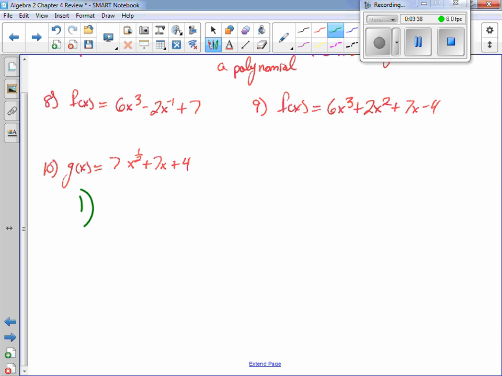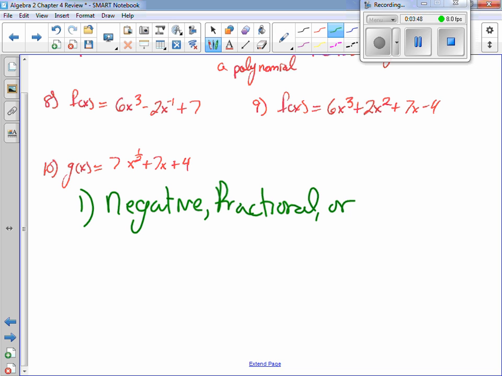so we cannot have negative, fractional, or variable exponents. There cannot be a negative, a fraction, or a variable in an exponent.